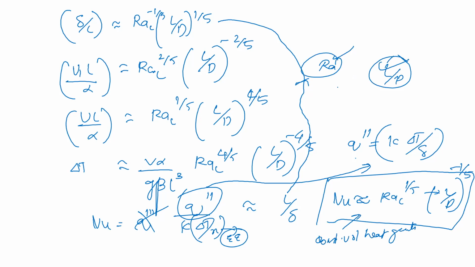So if you change the geometry size, you can see how that is going to affect the Nusselt number. If the L by D ratio is 5, or 2, or 0.5, then you can see how that affects the Nusselt number.